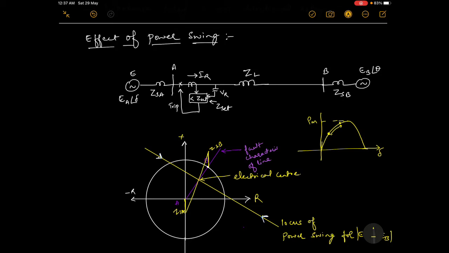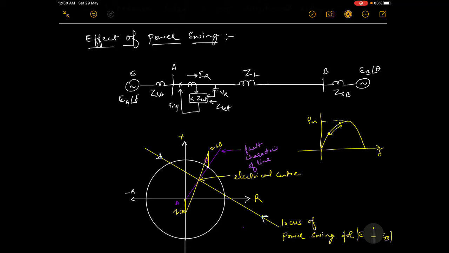These are the things which should have been touched in the first chapter, but in the first chapter we saw the equations and characteristics, and I wanted to touch these aspects in this chapter. It was an introduction because we wanted to learn many types of relays which we may have gone through in the switchgear subject also.